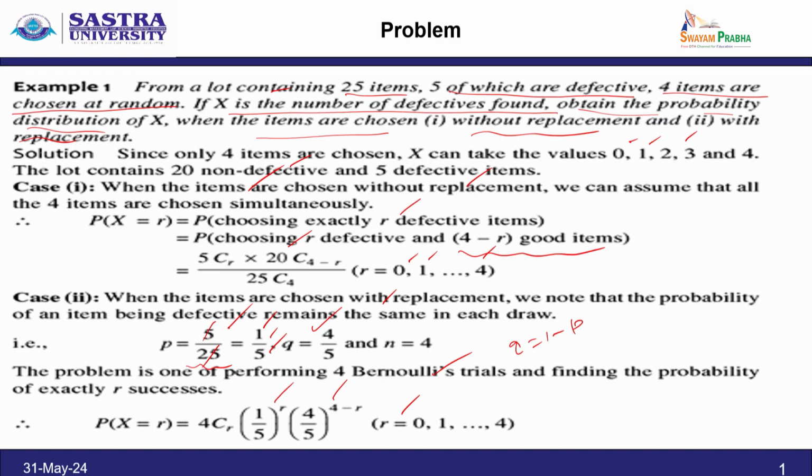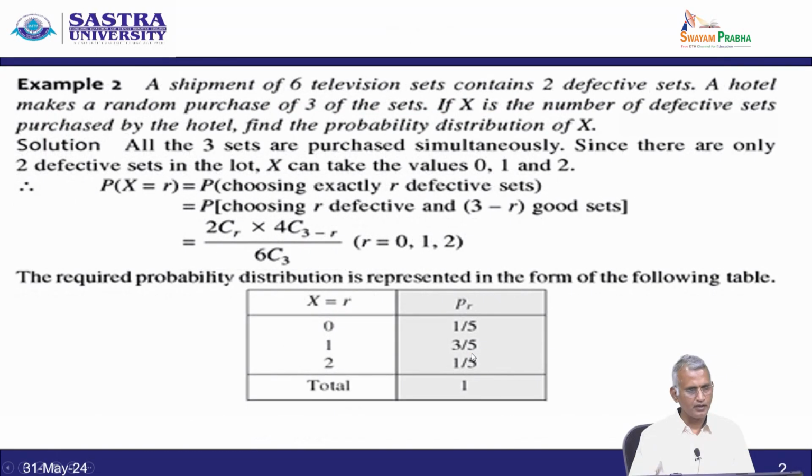When r equal to 2, 4C2 into (1 by 5) whole power 2 into (4 by 5) power 4 minus 2. Probability of x equal to 3 is 4C3 into (1 by 5) whole cube into (4 by 5) power 4 minus 3. When r equal to 4, 4C4 into (1 by 5) whole power 4 into (4 by 5) power 4 minus 4. So, these are all the possibilities that will come. So, that is the answer to the first question.